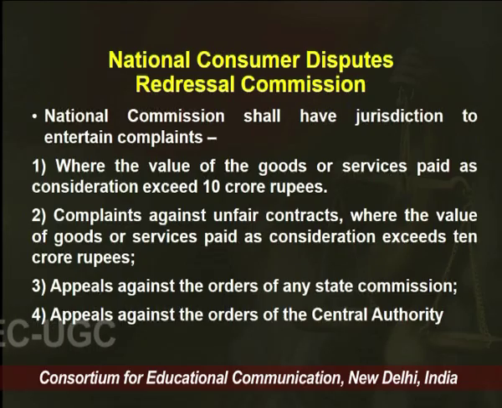So, up to 1 crore rupees the jurisdiction is with the district commission. From 1 crore to 10 crore the jurisdiction is with the state commission, and above 10 crore the jurisdiction is with the National Consumer Dispute Redressal Commission, and they also have the power to hear the appeal against the order of any state commission and also against the order of the central authority.